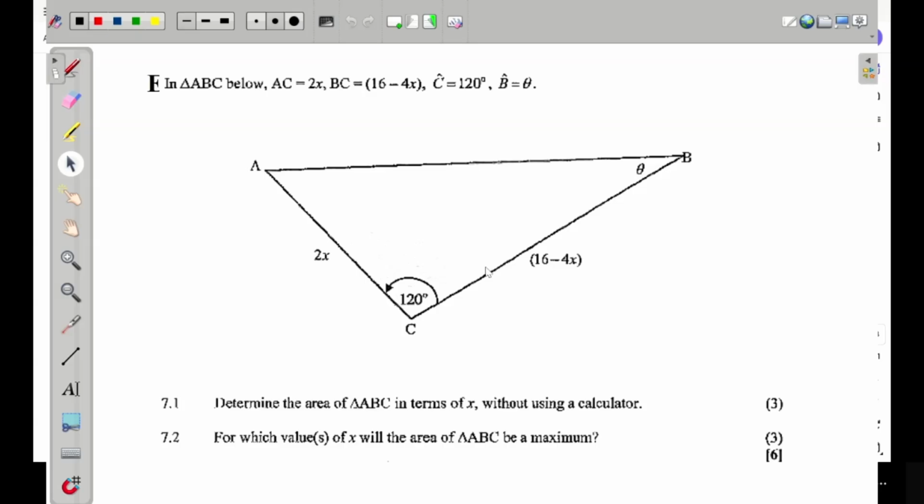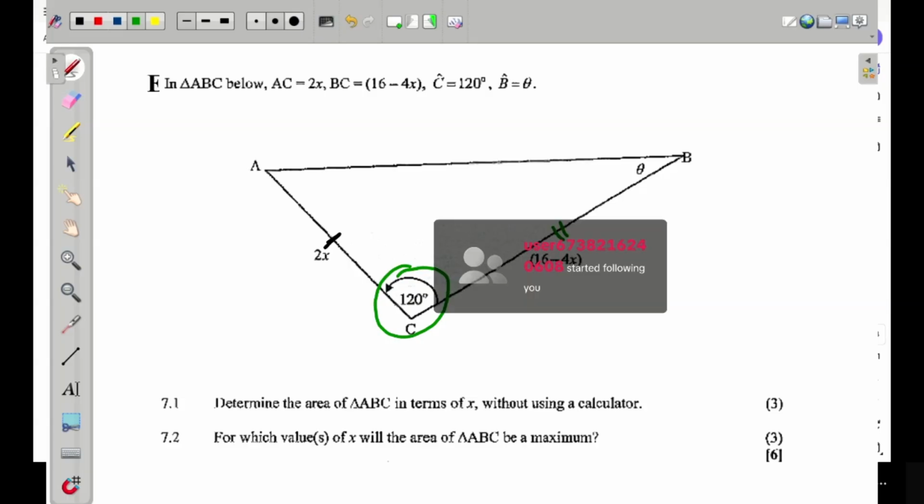And what does the area rule state? The area rule says, if you're going to figure out the area of this triangle, first of all, check that you've got a side angle side situation. And if you notice, we do have a side angle side situation in that we know the side AC is 2x. We have the angle in between, and we have the side BC, which is 16 minus 4x.